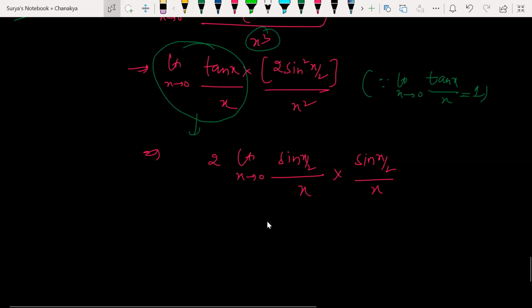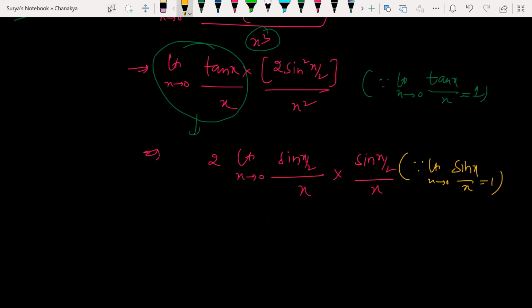But I know another formula here. How should I convert this? Look at this here, I have x by 2, right? How can I make it 1? Can I multiply and divide by 2 here so that this part becomes 1?